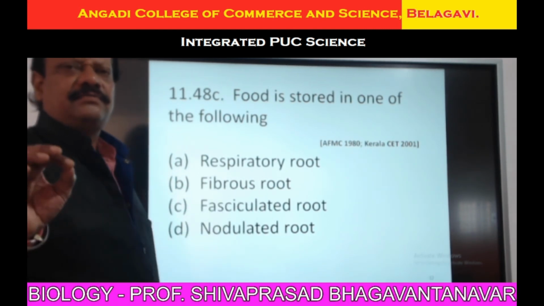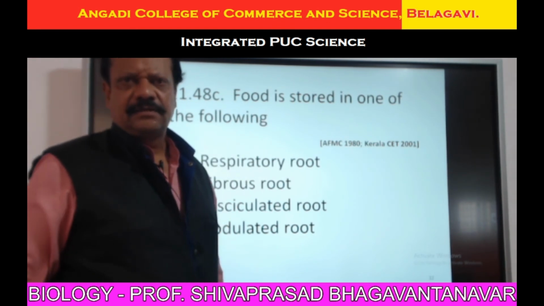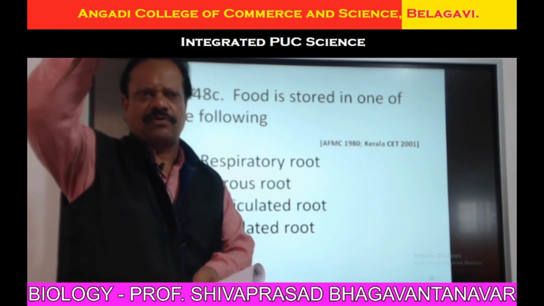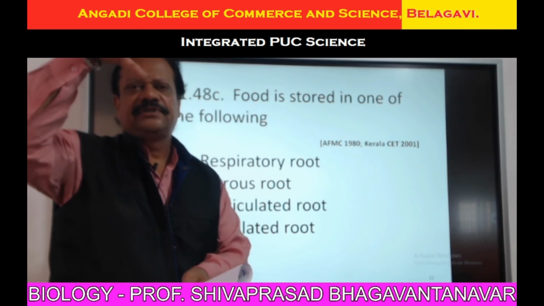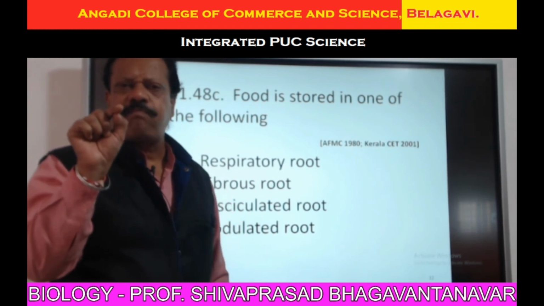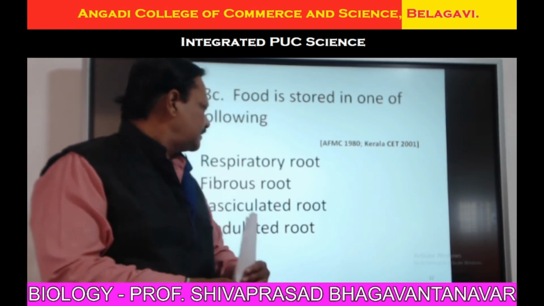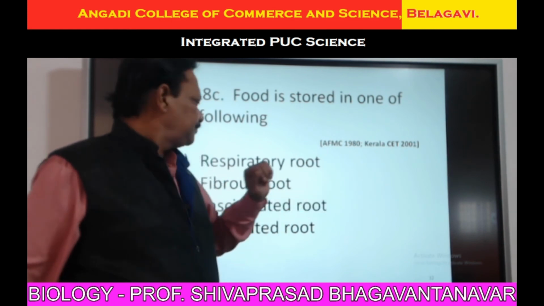Now here, you can observe the mangrove plants. In mangrove plants, the roots are coming out of the ground and they are growing towards the light and they are containing many number of pores. So as a result, exchange of gas is taking place and here we are calling it a respiratory root.